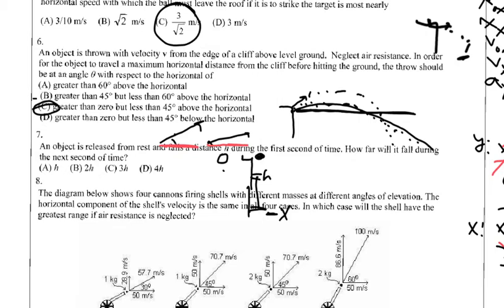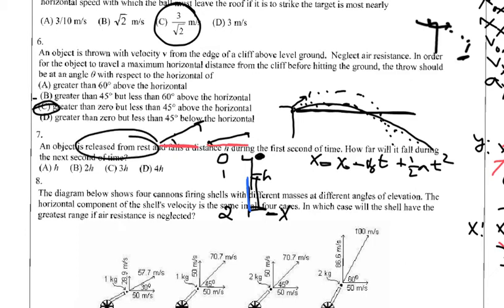To do this, I'm going to use our first kinematics equation. We have x equals x naught plus v naught t plus 1/2 a t squared. It says it is released from rest, which means that v naught is equal to 0. After 2 seconds, we can plug in t equals 2.